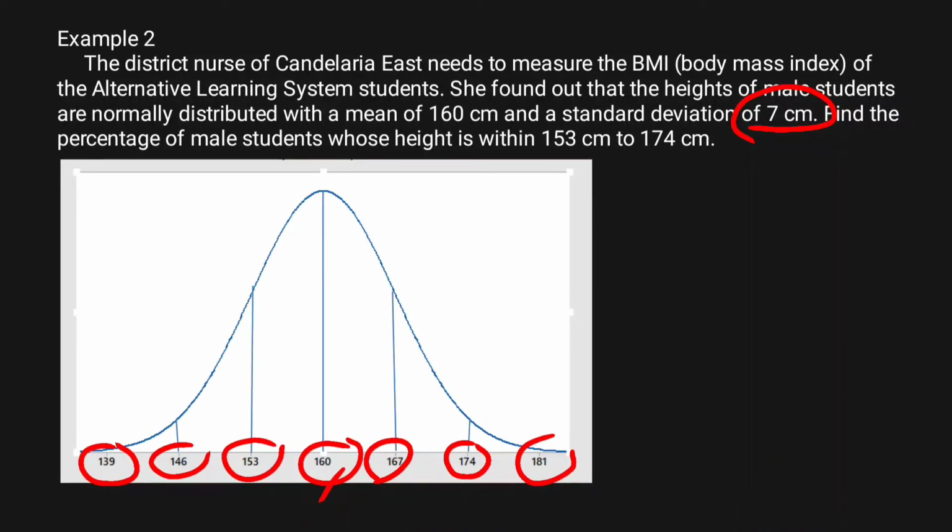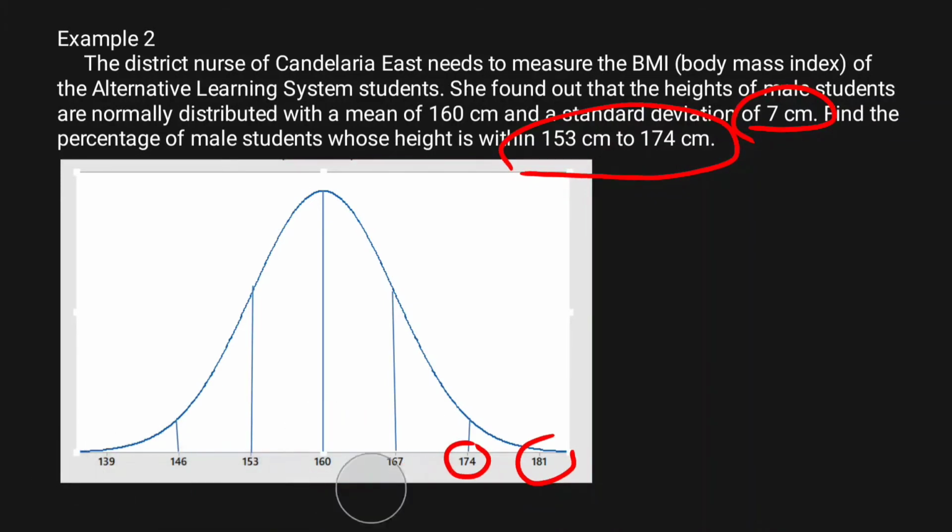Okay? So ngayon, kunin natin yung mga heights ng 153 to 174 cm. So para makuha, kunin natin yung mga percentage based sa empirical rule natin. Okay, so burahin muna natin. Okay, so ang hinahanap natin is 153 cm to 174 cm.